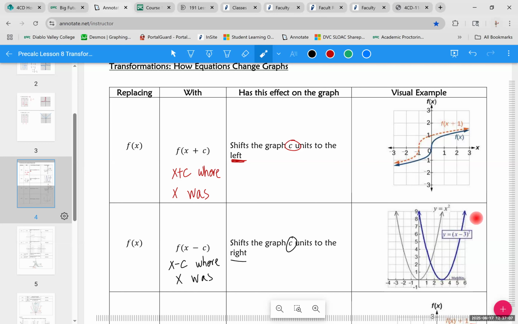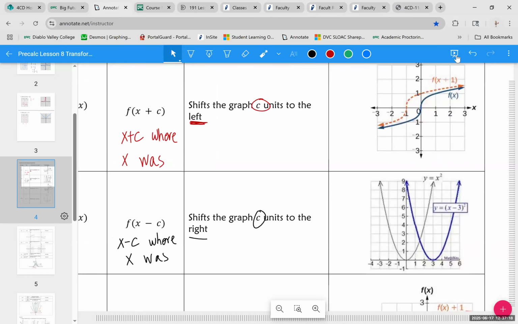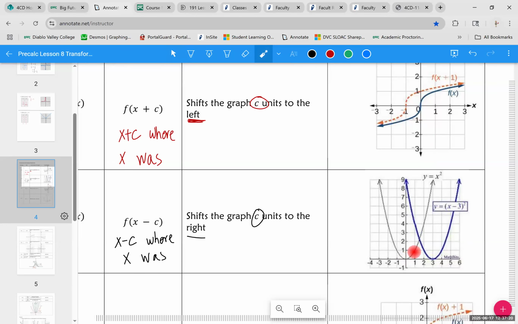So the example here for the shifting to the right, if I start with y equals x squared, which we should know what that looks like. And again, the specific points are not too tough: 0, 0, 1, 1, 2, 4, at least that much. And then just mirror them over. If I were to replace that with x minus 3 in parentheses squared, so see where there was an x, now there's an x minus 3.